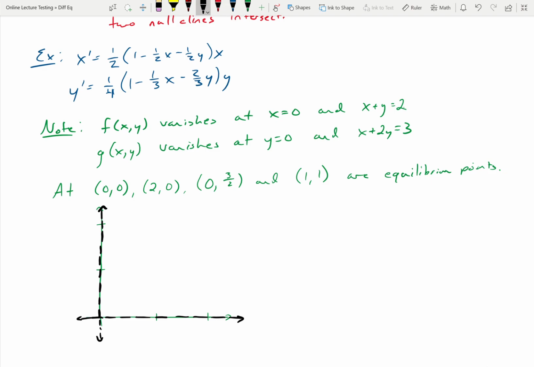All right. So we've kind of gridded off our x-axis and y-axis for that part. And then we can rewrite this as y is equal to negative x plus 2. So at (0, 2) is this point. So this is our graph through here. This is one of our other null clines.